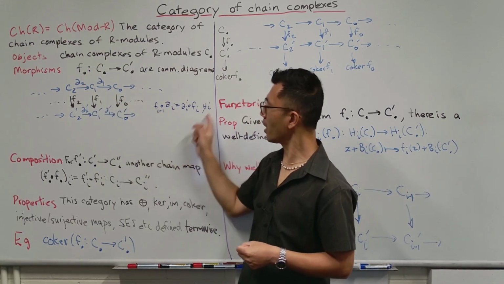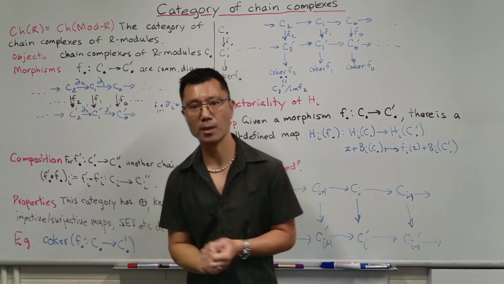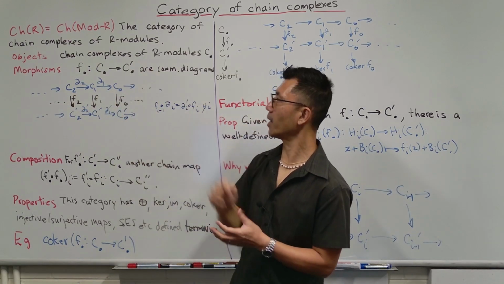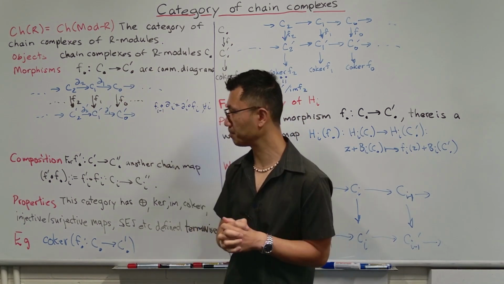So if this equation holds for all i, in other words all these squares commute, then this is called a morphism of chain complexes, or simply just a chain map.